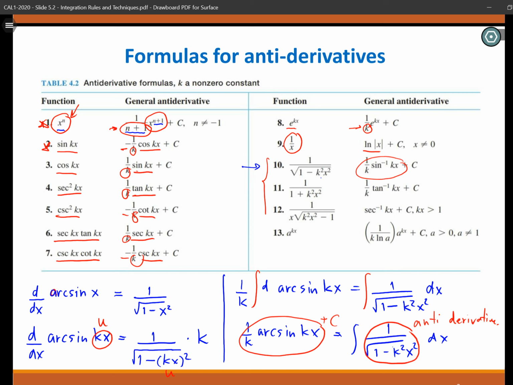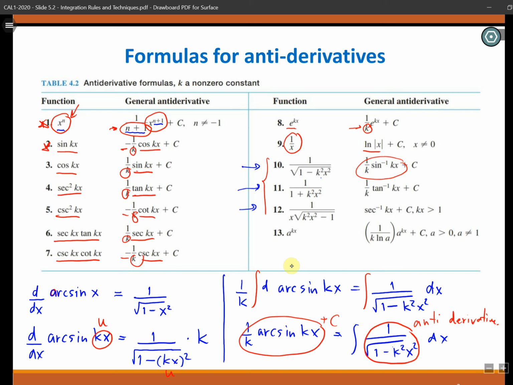All right. Now, here we have two more formulas, which are the arctan and arcsecant. So let me add them down here alongside the arcsin. At this point, I'm going to erase the work that I did on the integration here.